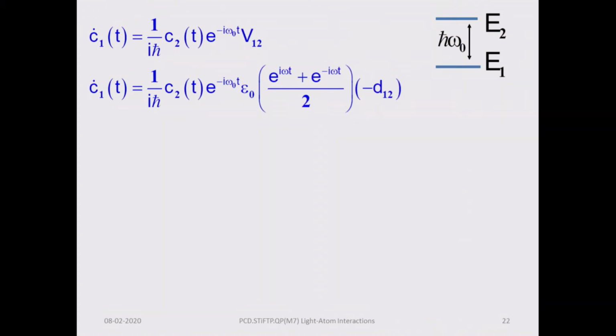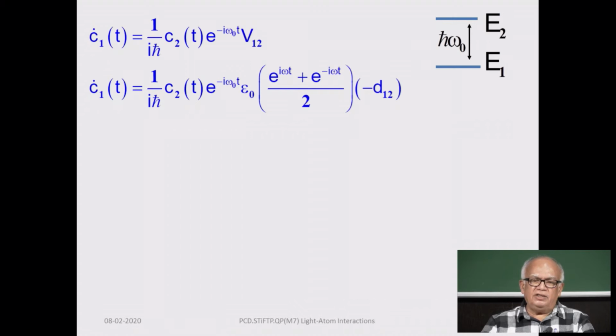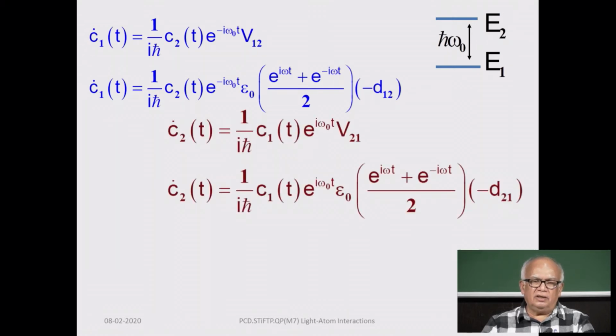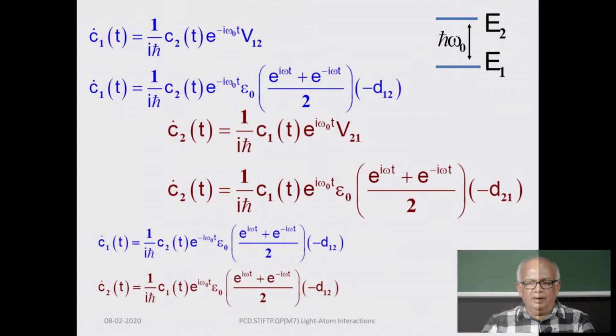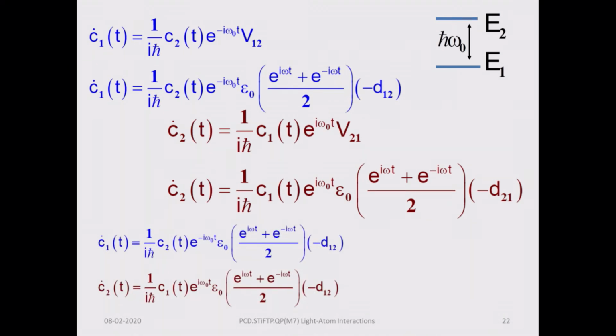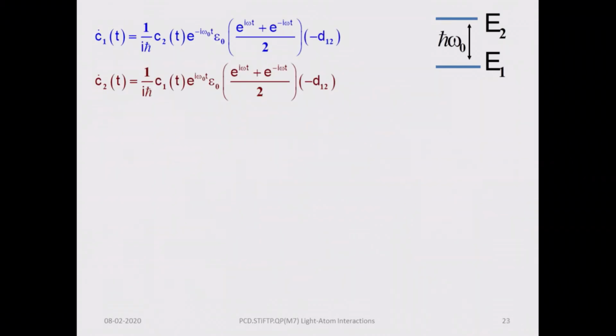So, here we have consolidated these results. For C1 dot, and you have got a similar relationship for C2 dot. They are very similar to each other, and what we can do is recognize the fact that the dipole matrix element would be real. So that D21 and D12 would be complex conjugate, but being real they will be equal to each other.